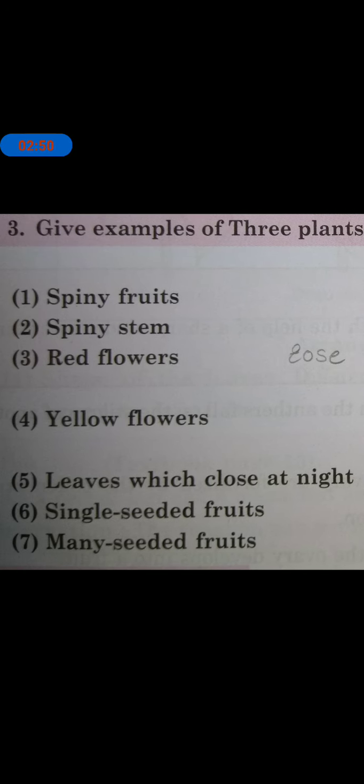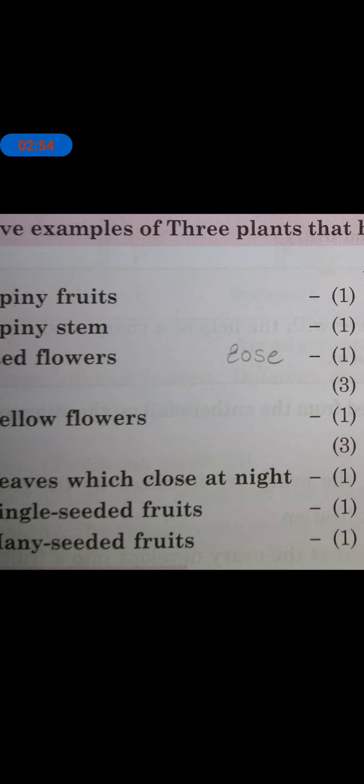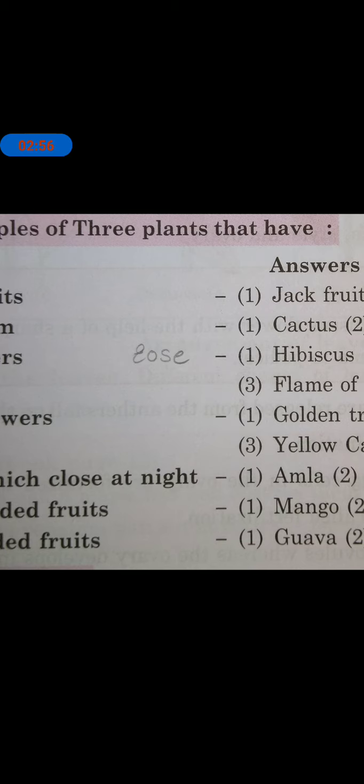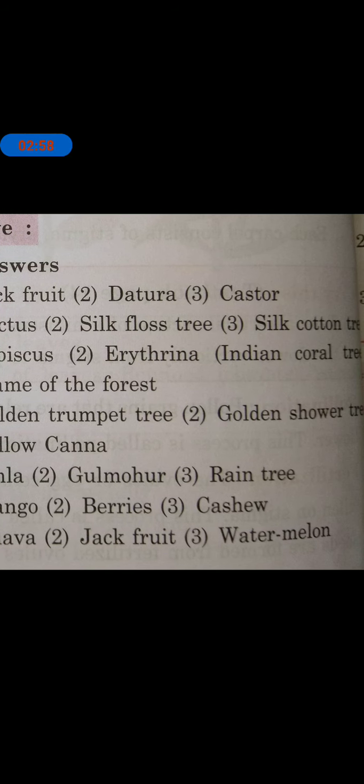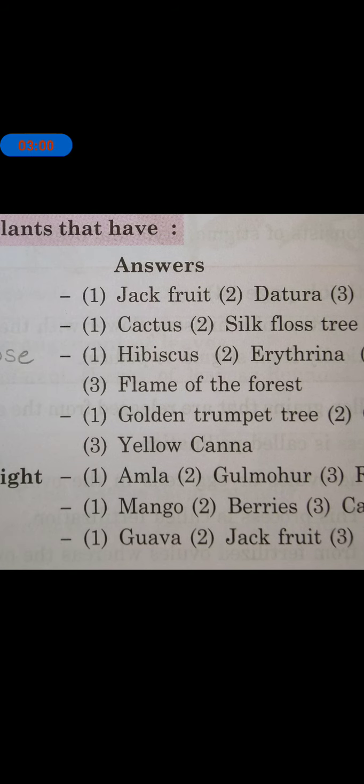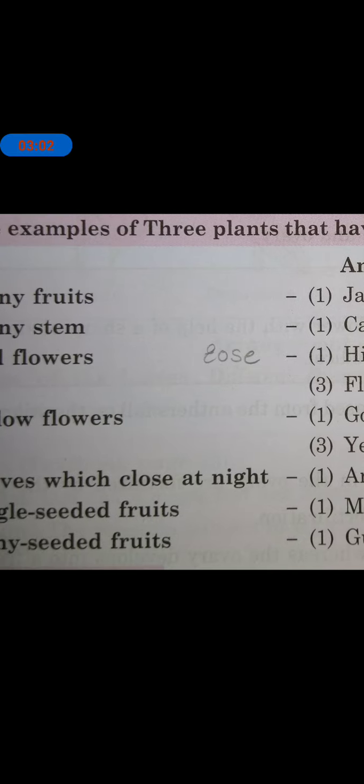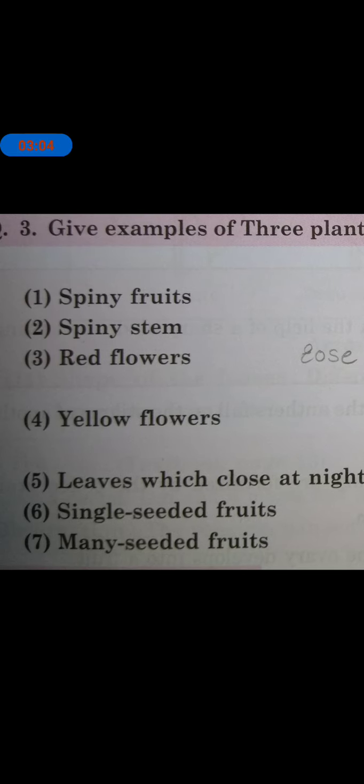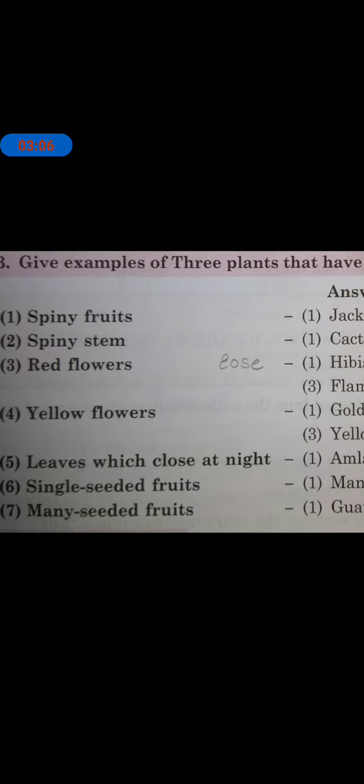Yellow flowers, plants which bear yellow flowers. Examples we have are golden trumpet tree and golden shower tree. Next we have leaves that close at night: amla, gulmohar and rain tree.